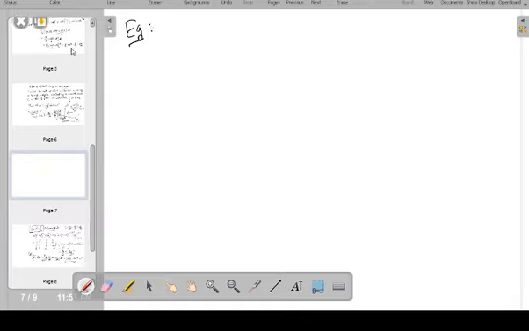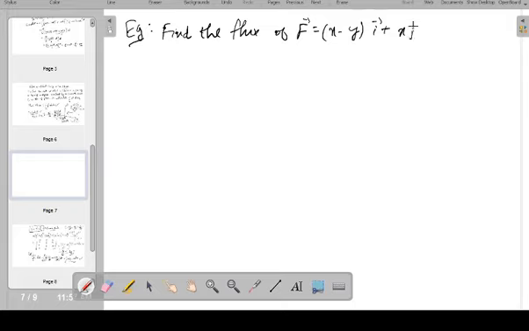Find the flux of the earlier problem. Find the flux of vector F, which is, as in the earlier problem, x minus y vector i plus x vector j, across the circle x square plus y square equal to 1 in the xy plane.